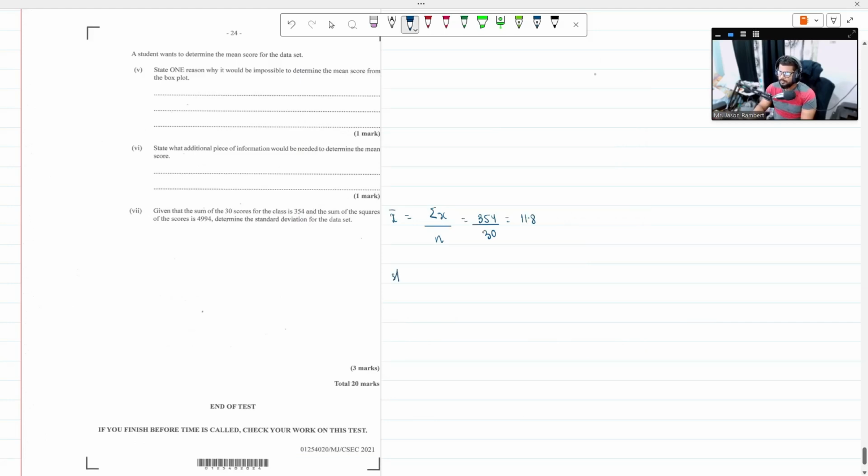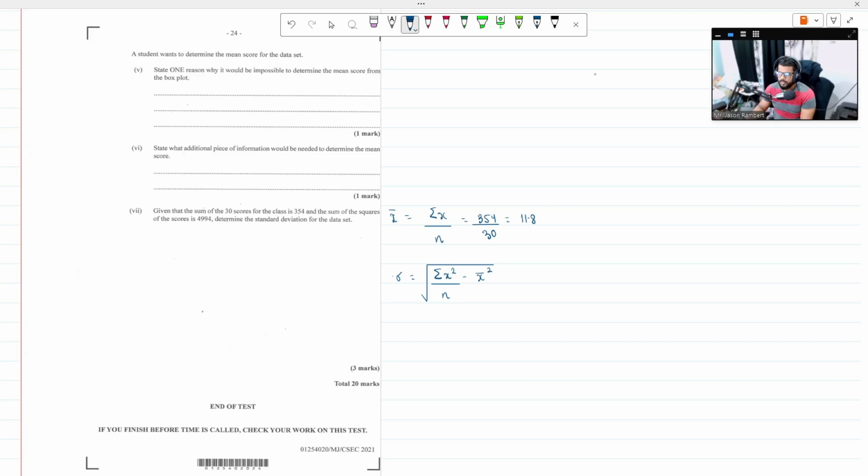Standard deviation, sigma, is equal to the square root of sigma (x minus x bar) all squared over n. The sum of the squares of the scores. So we're going to use a different formula for this. It could be sigma x squared over n, take away x bar all squared.